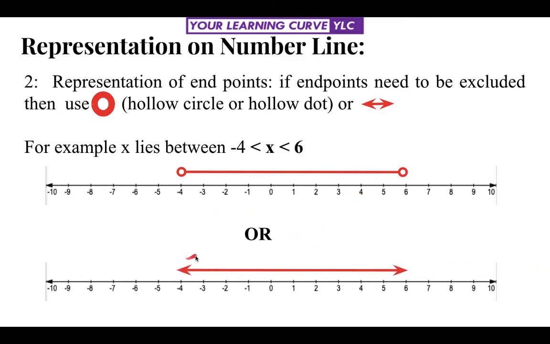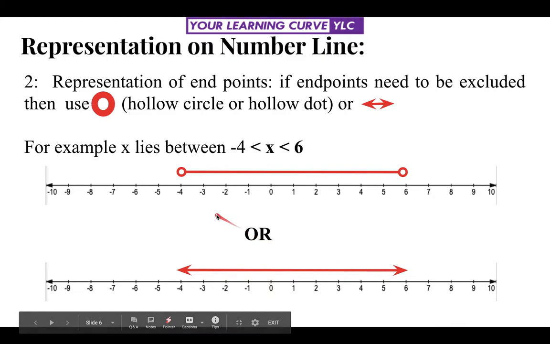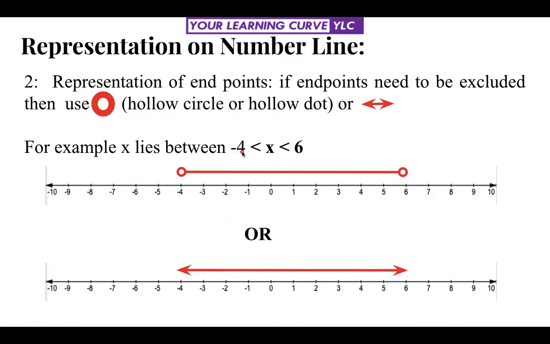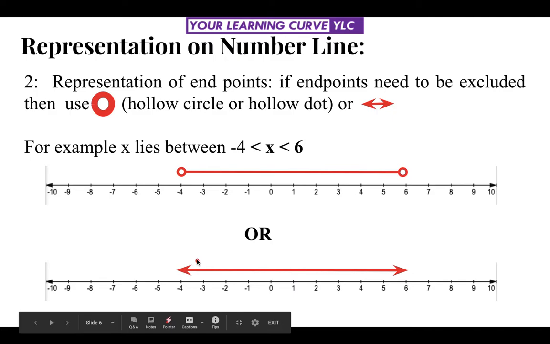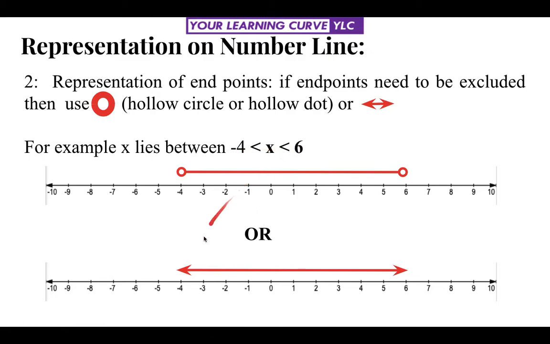Or we can draw the interval -4 to 6, and to show that x is not equal to -4 but it is approaching -4, that x can be anything greater than -4 but not equal to -4, we'll draw an arrow over the end where it is approaching -4 and where it is approaching 6. This shows that interval -4 to 6 is included and endpoints -4 and 6 are excluded.